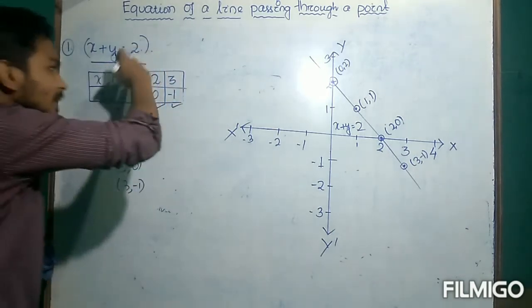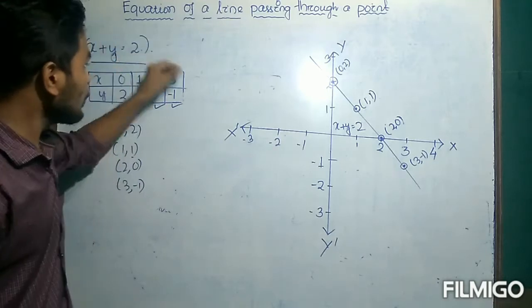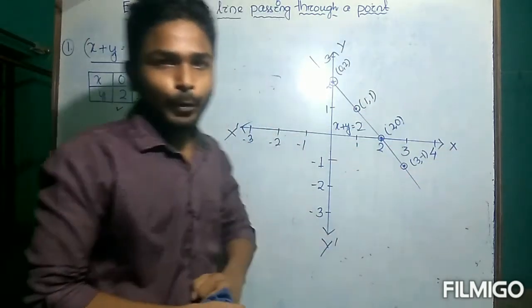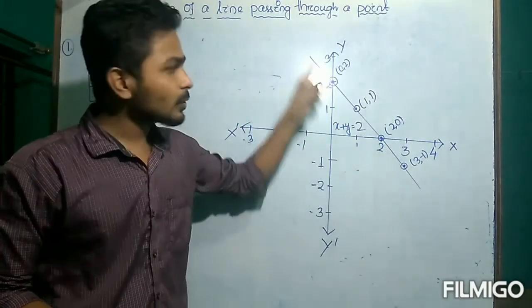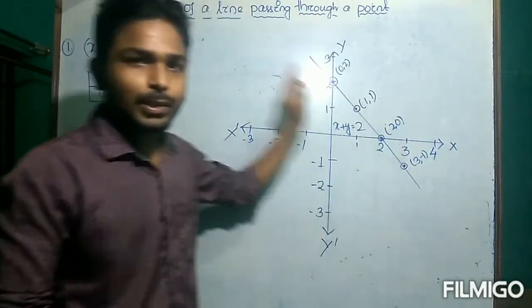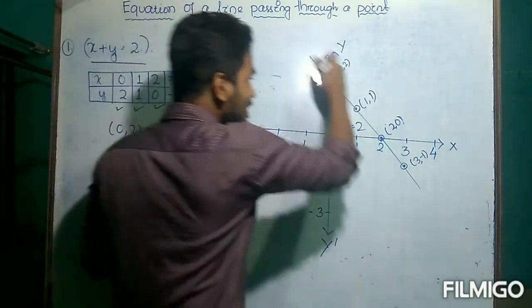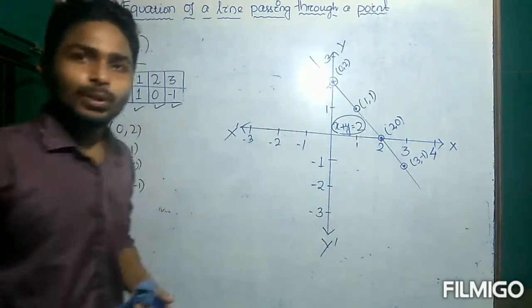After finding 3 to 4 solutions, you have to represent them on a Cartesian coordinate plane. Then you join all these points so that you get a straight line. Now this straight line represents the equation x plus y is equal to 2.